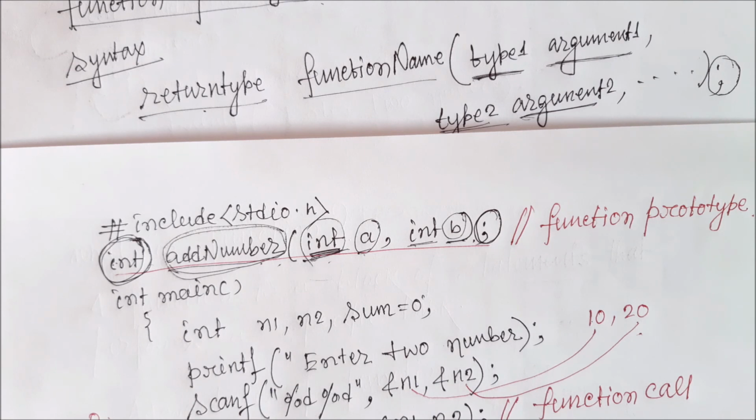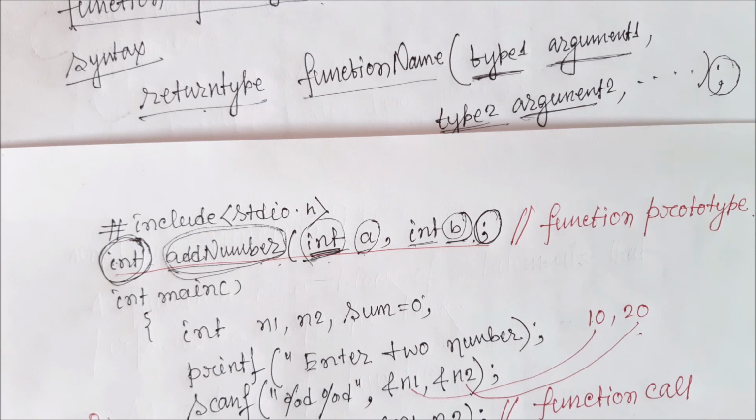So, we have discussed that the function prototype means giving information to the compiler that I am going to use this type of function in future, so that the compiler can understand that this function is known to me. In this example, add number is the name of the function. We know that we can give any kind of name which is suitable for the function, so that from the function name we can understand what specific operation we are going to perform.